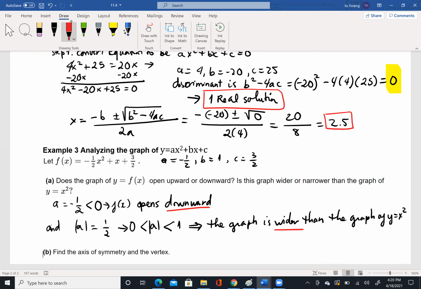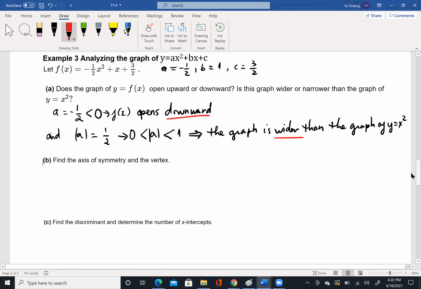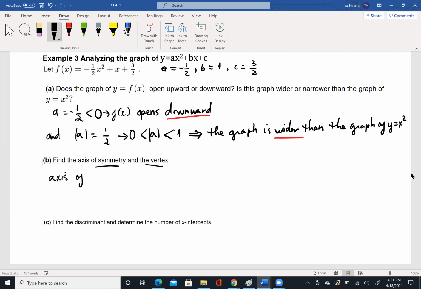Okay, let's move to the next question. Find the axis of symmetry and the vertex. I can find the axis of symmetry first. The axis of symmetry is in the format x equal to the x of the vertex, equal to negative b over 2a.